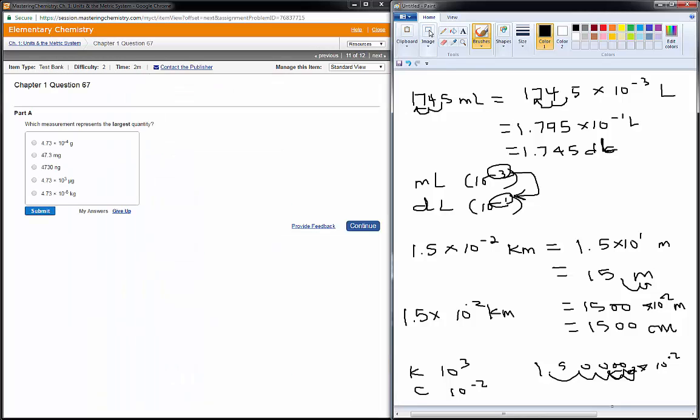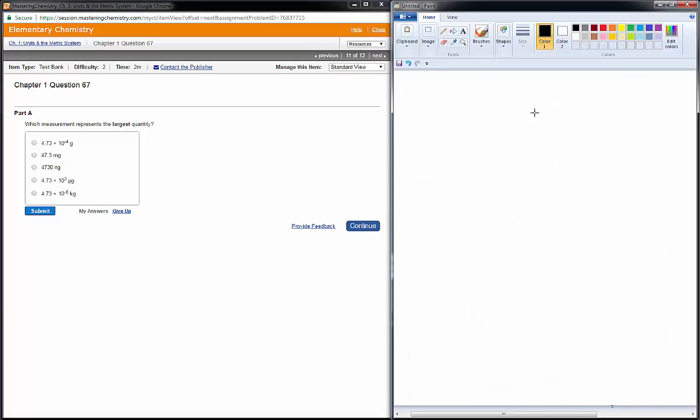All right, which one is the largest quantity? The easiest way to do this is to convert them all to the same unit, whatever it is. I mean, they're all in grams, but we got milligrams, nanograms, micrograms, kilograms. Let's just convert them all to grams. So the top one is 4.73 times 10 to the negative 4th grams.